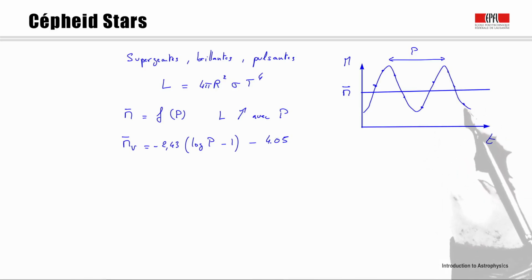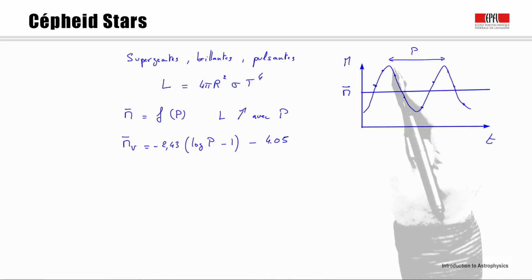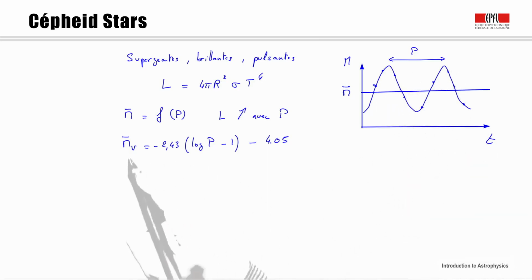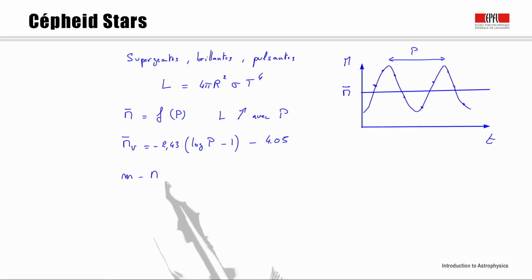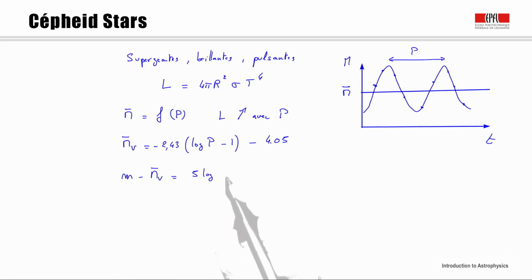I regularly measure its photometry, and then I will have what I call the light curve. I will be able to measure the period and so have the absolute magnitude that I will be able to inject in the distance modulus. Here is again the formula of the distance modulus. We will be able to inject M average here in the formula of the distance modulus and get the distance.